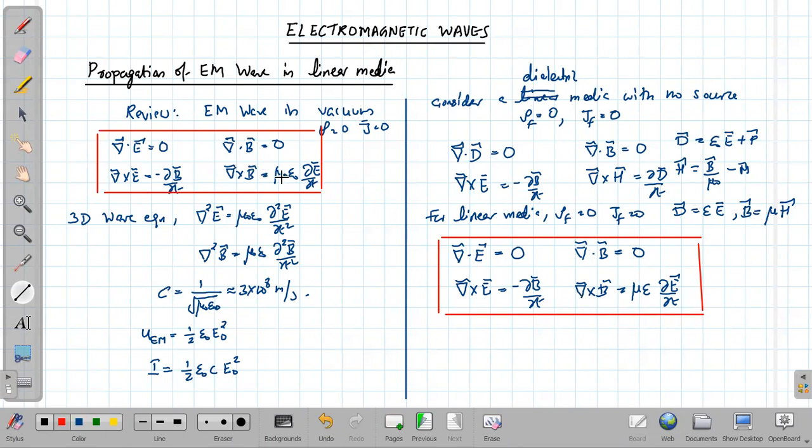The only difference is that mu 0 is replaced with mu and epsilon 0 is replaced with epsilon. That is the only difference. Then what would be the corresponding three-dimensional wave equation? There is no need to derive it. You can directly write it.